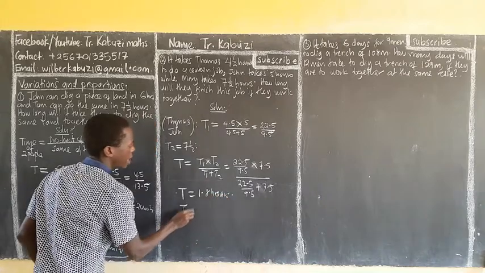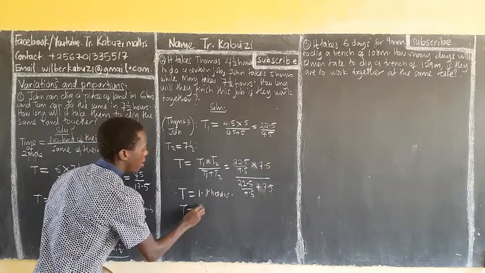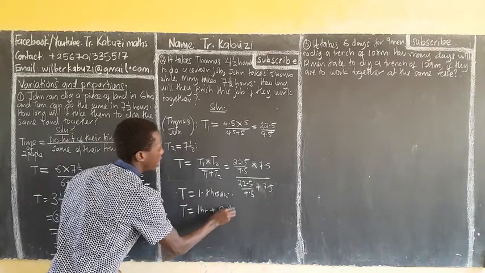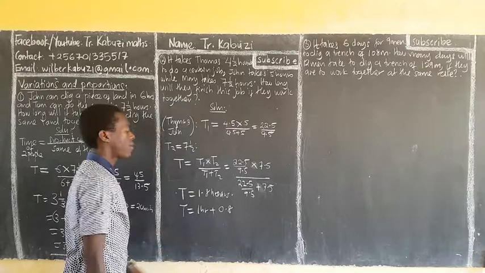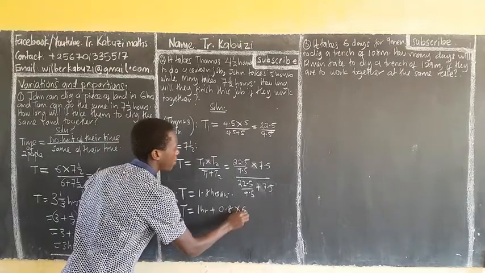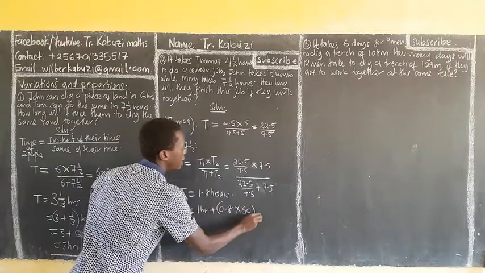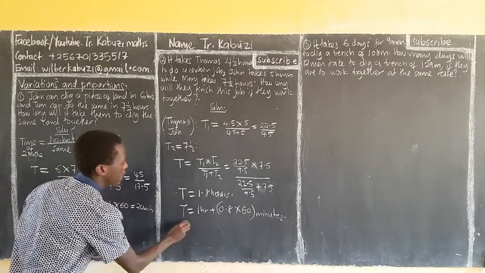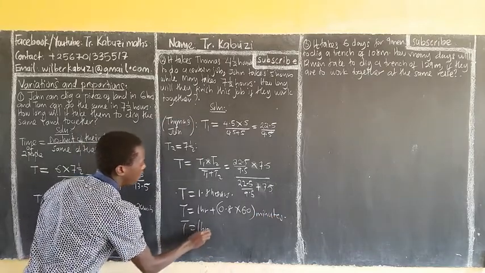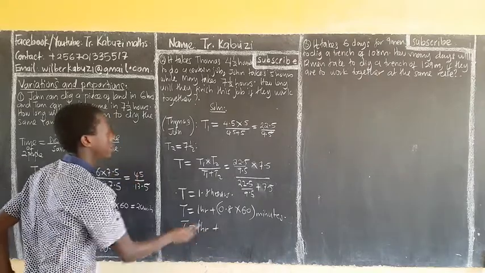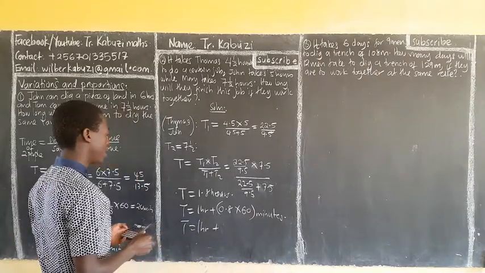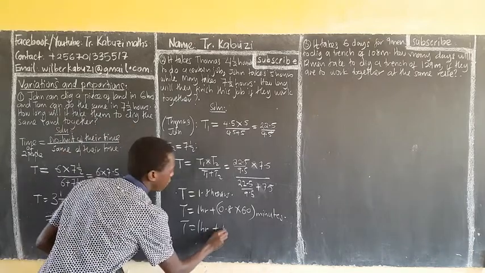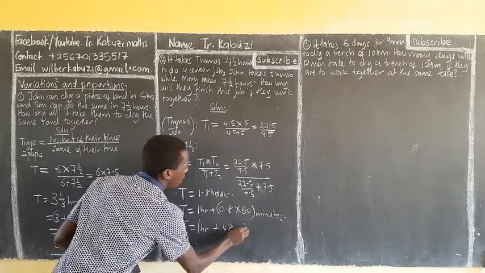And so my time will be 1 hour, then plus 0.8. These are hours. Now to convert them to minutes, we multiply by 60 minutes. So this would be 1 hour, then plus this would be 48 minutes.